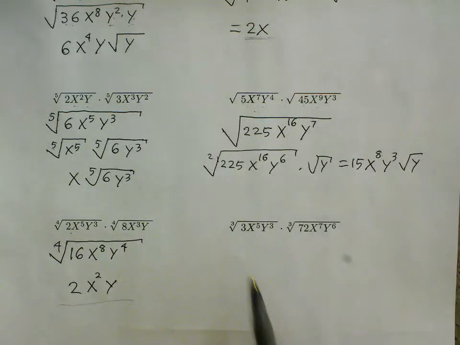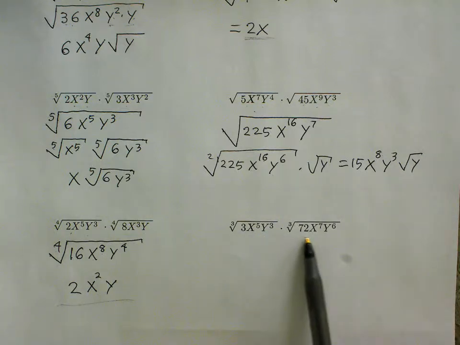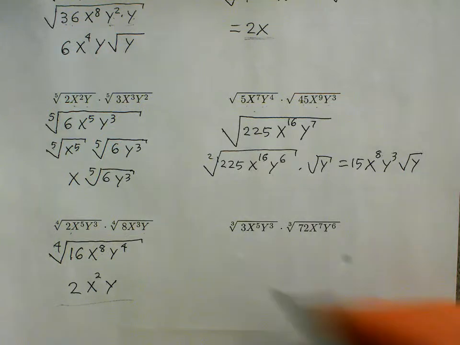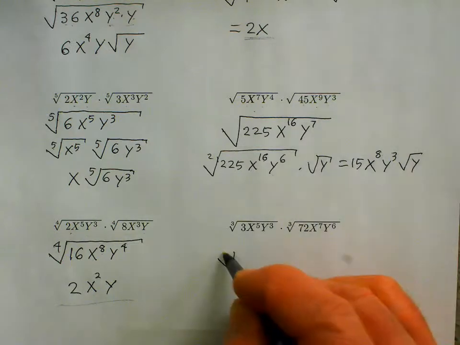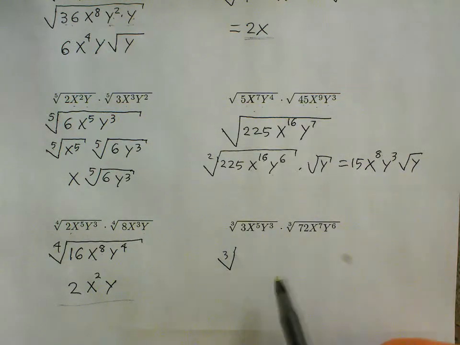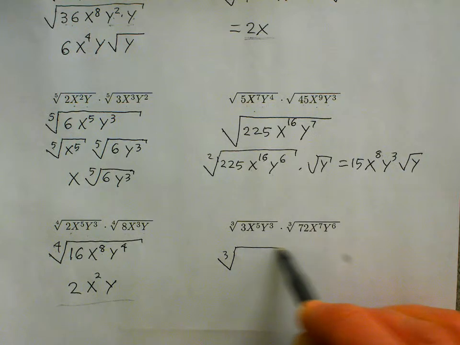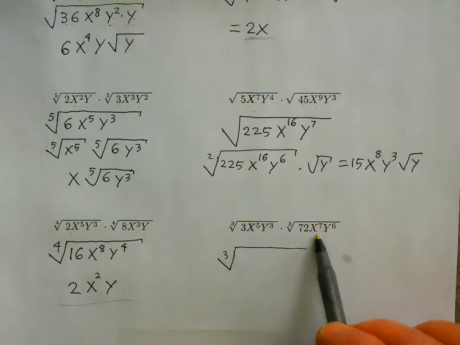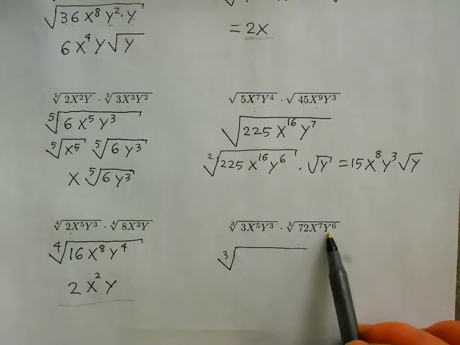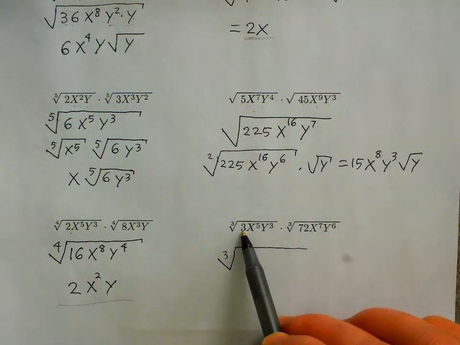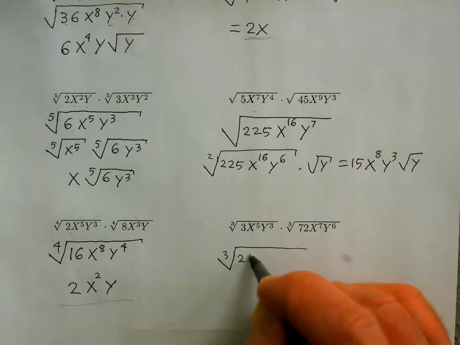Okay, the next one, the cubed root of 3x to the fifth y to the third times the cubed root of 72x to the seventh y to the sixth. So we write it as a single cubed root and multiply the radicands. 3x to the fifth y to the third times 72x to the seventh y to the sixth. 3 times 72 is 216.